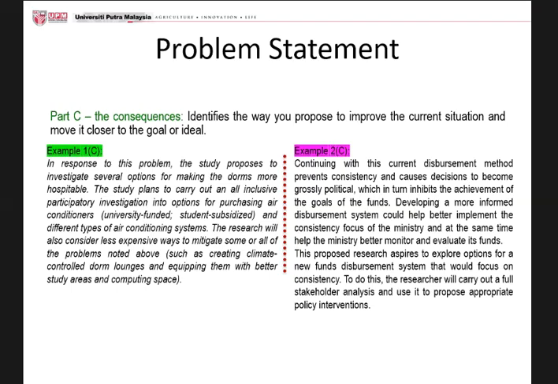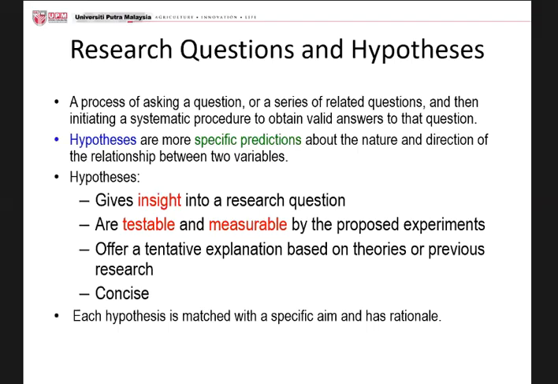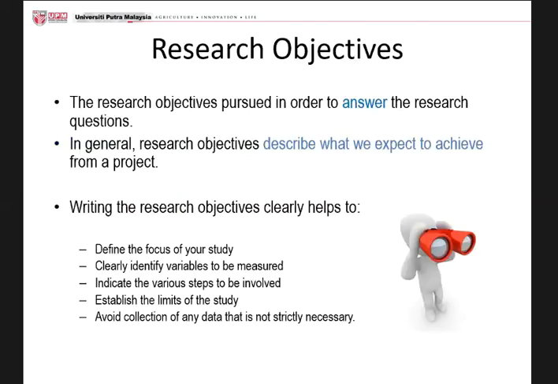Just expand your case and the solution, with another last paragraph which helps people understand the problem and how you want to undertake to solve it. Hypotheses give insight and are testable and measurable. Each of these is matched with a specific aim and its rationale. Then it comes to the research objective. In order to answer the research question, in general, the research objective describes what we expect to achieve from the project, the focus, and the rest.